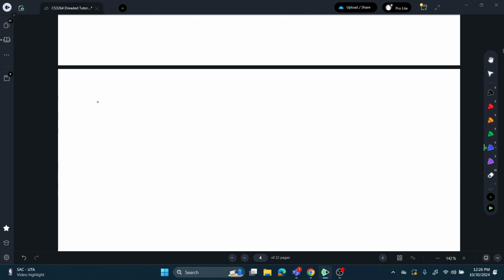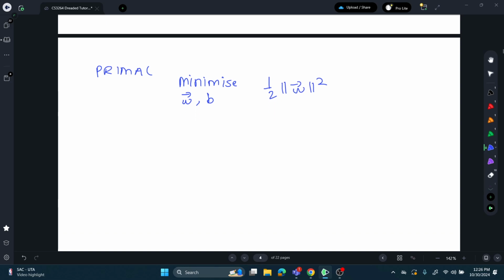Now once we have this, we can formulate our primal problem. Our primal problem is essentially: I want to find the values of w as well as b that will minimize 1/2 the magnitude of w squared. Subject to what constraints?